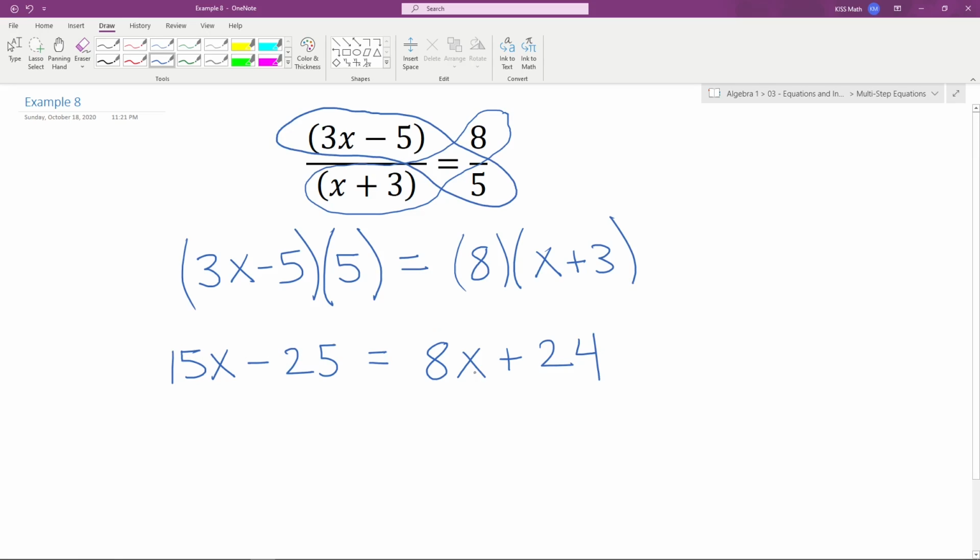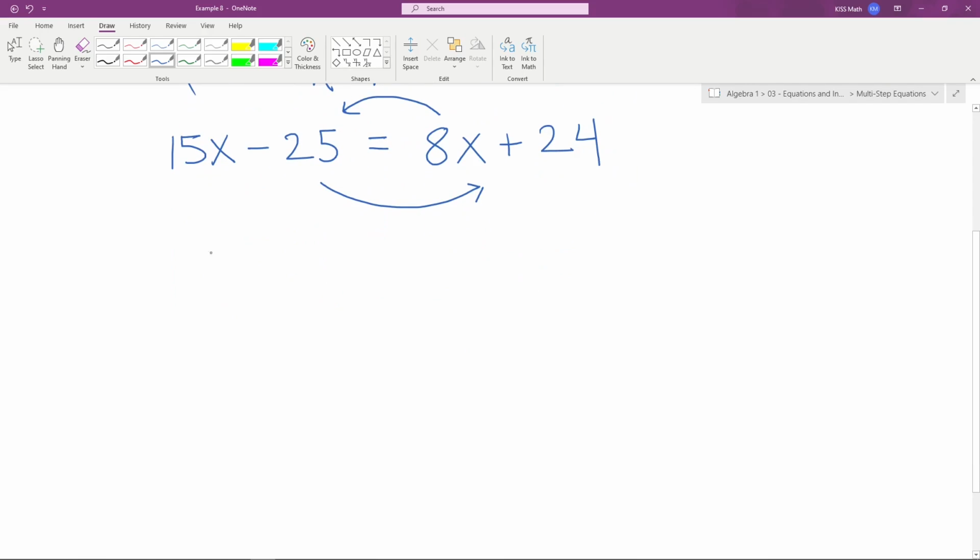Now this is something we're used to seeing. We just have to collect the like terms together. So our unknowns here, 15x and 8x. Let's move this 8x over here. And let's move this negative 25 over on this side.